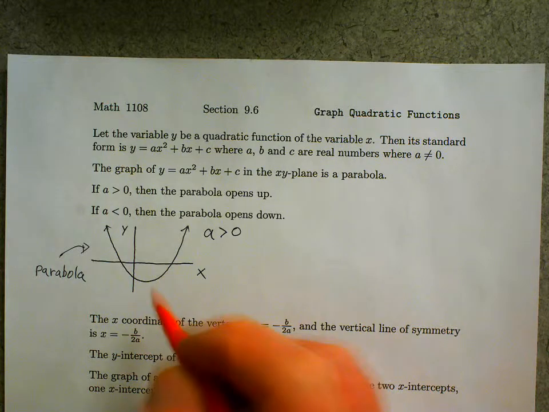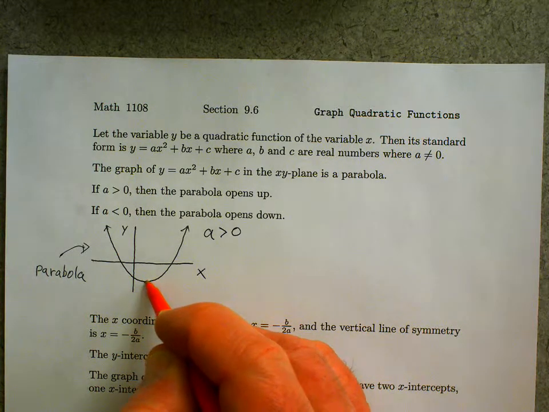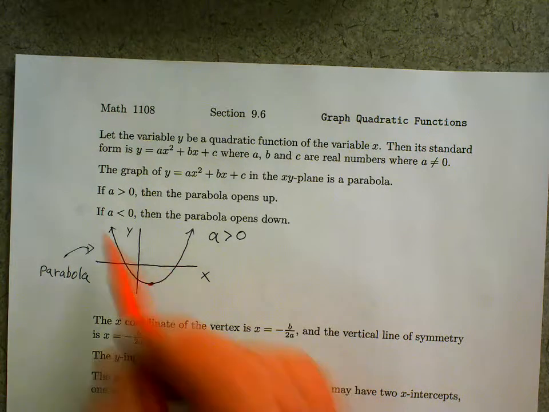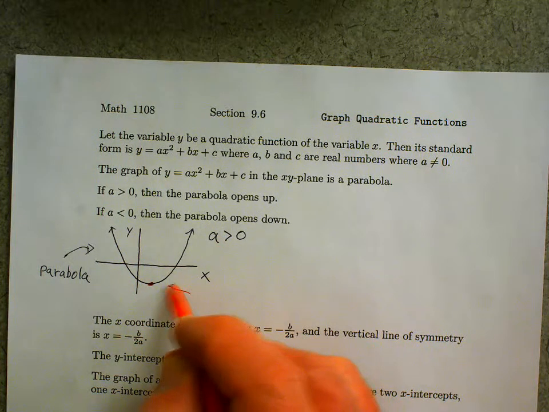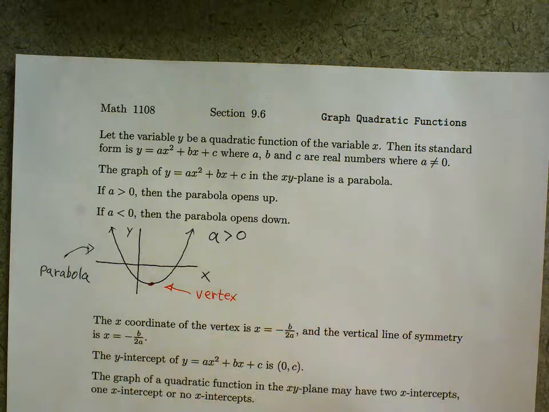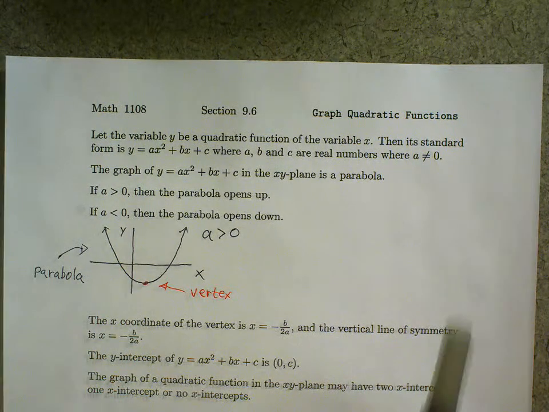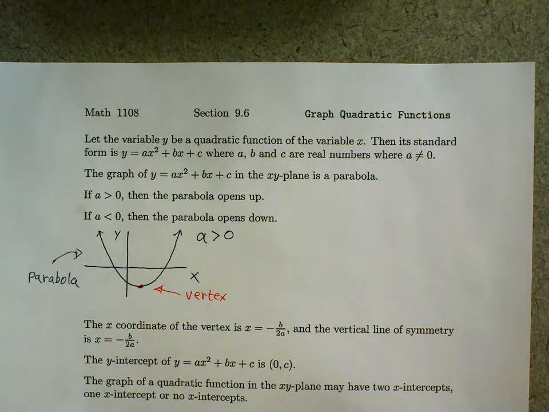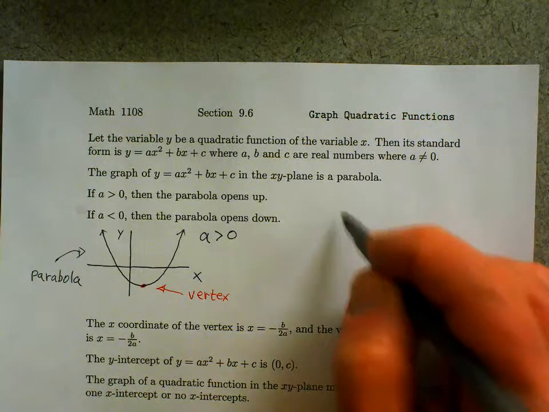Every parabola has a vertex. If the parabola opens up, then the vertex is the lowest point on the parabola.